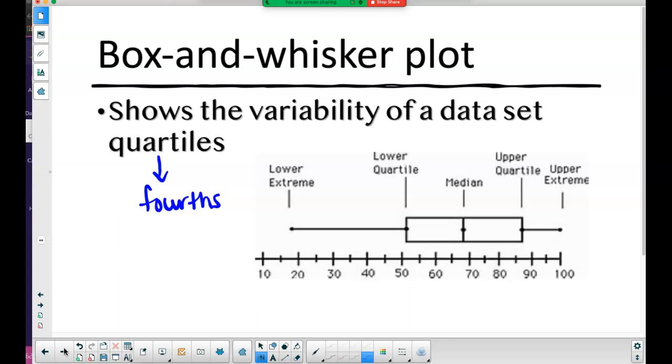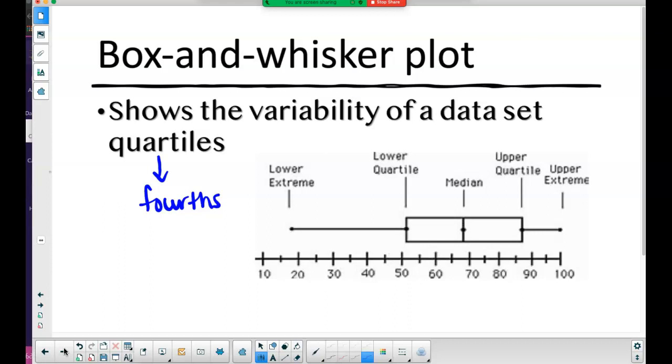Now most often you guys would maybe see this when the state of Minnesota sends out your testing results for like an MCA test. It's showing you what the lowest score was. If this was MCA testing, maybe the lowest score was a 20. The highest score was a 100.